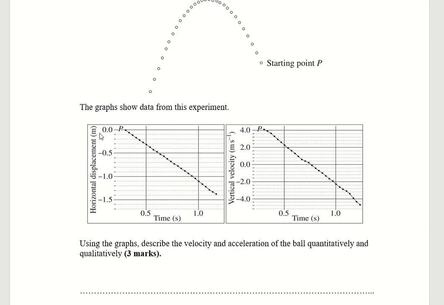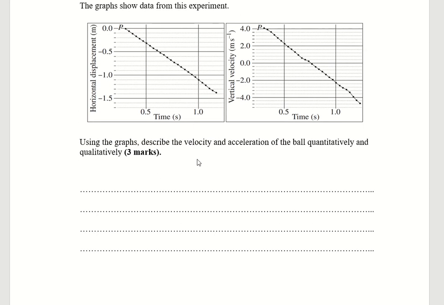We have the horizontal displacement and we have the vertical velocity. It says, using the graphs, describe the velocity and acceleration of the ball qualitatively and quantitatively. So qualitative is in words, quantitatively is numbers.